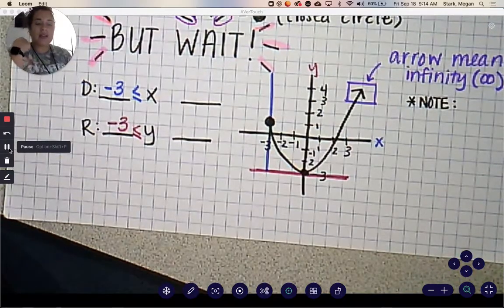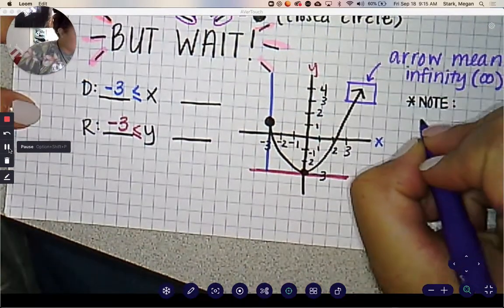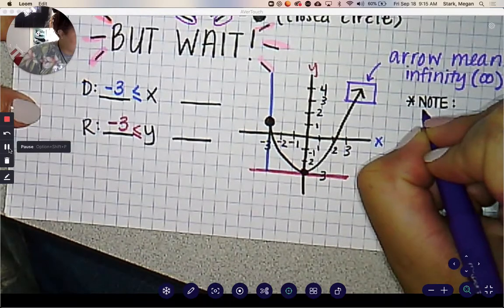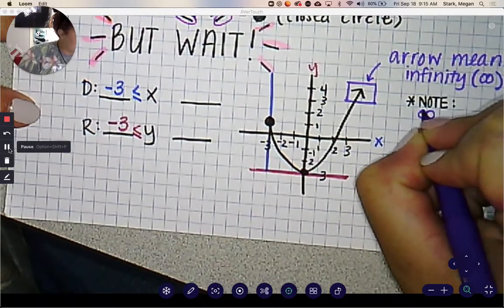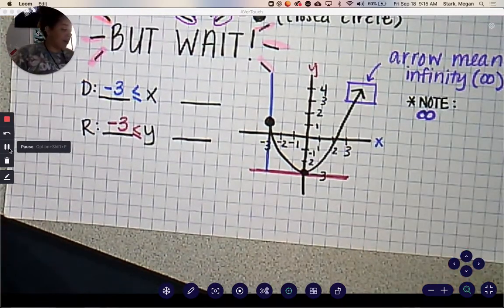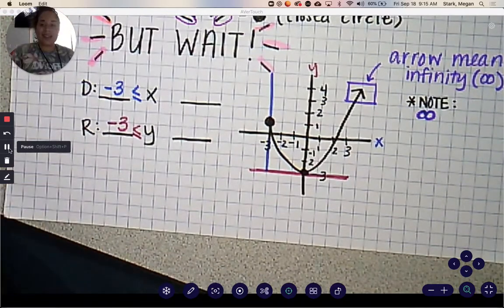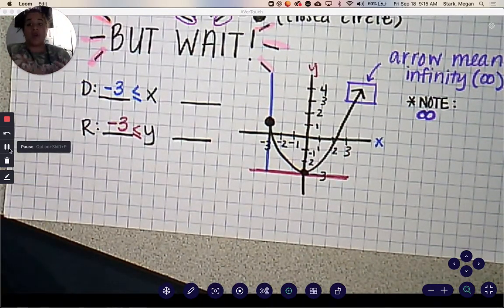So, infinity, and I'm going to do the symbol because I'm too lazy to write it out. Because it's a number that keeps going and going, think like Energizer Bunny. Because it keeps going, it doesn't stop.